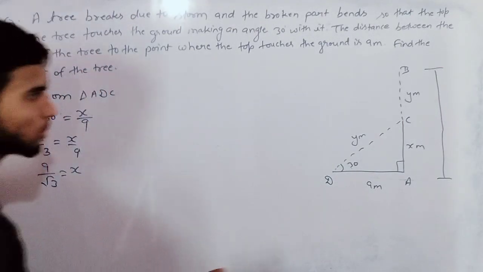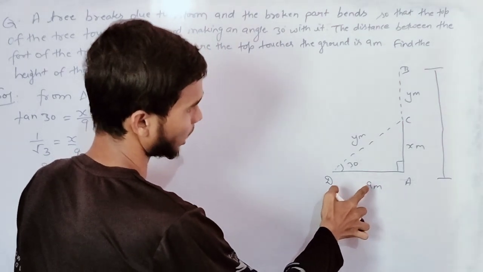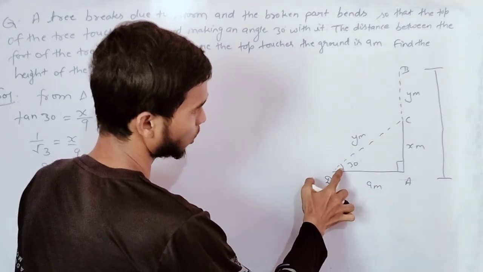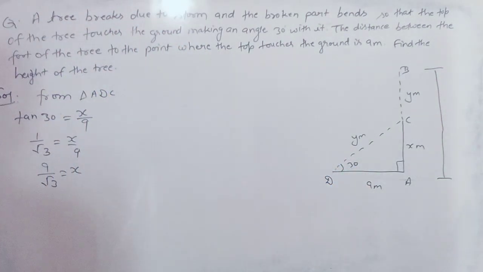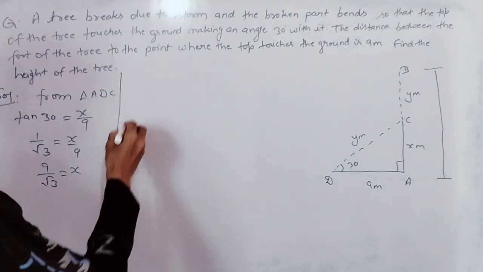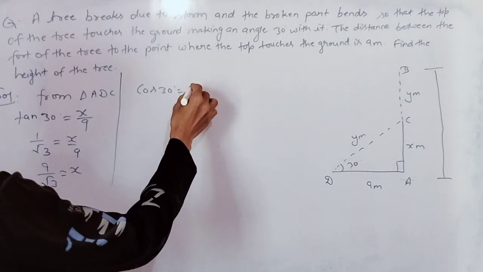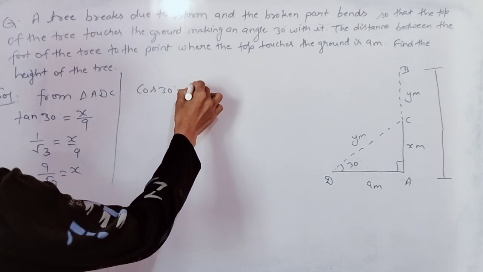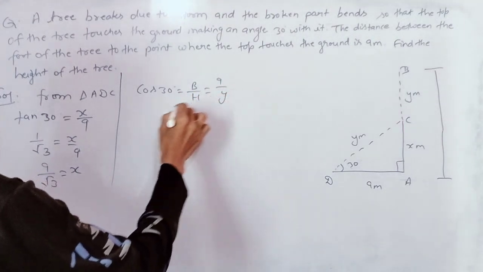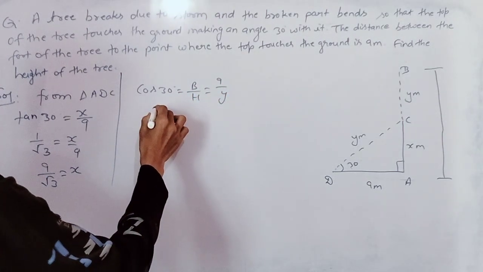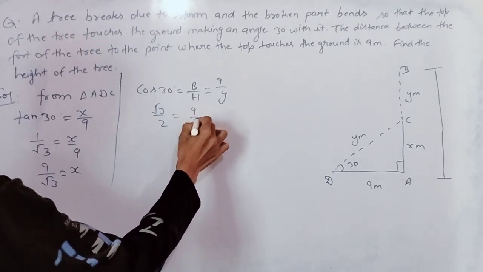Now one point more. Otherwise you can say base upon hypotenuse is the ratio of cos 30, so 9 upon y. Cos 30 is root 3 by 2, so root 3 by 2 equals 9 upon y.